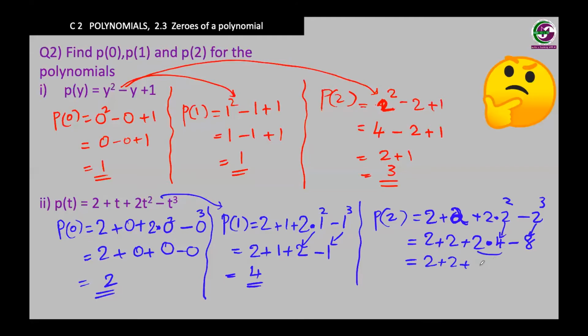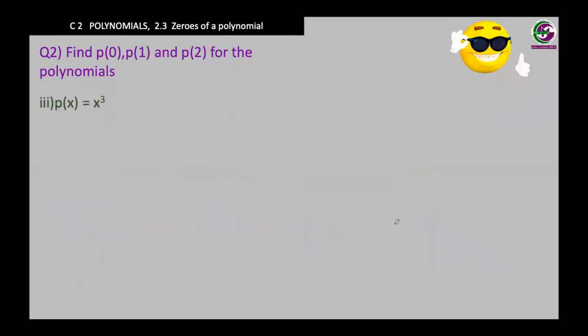Remember to multiply first. 2 + 2 is 4, 4 + 8 is 12, 12 − 8 is 4. So these are all the values of the polynomial when we substitute the value of t by 0, 1, and 2. Let's move on to the next part of the same question.